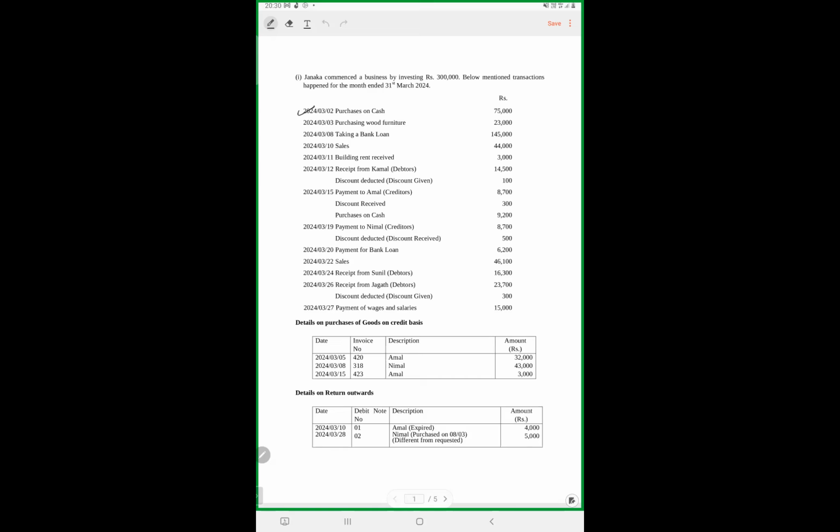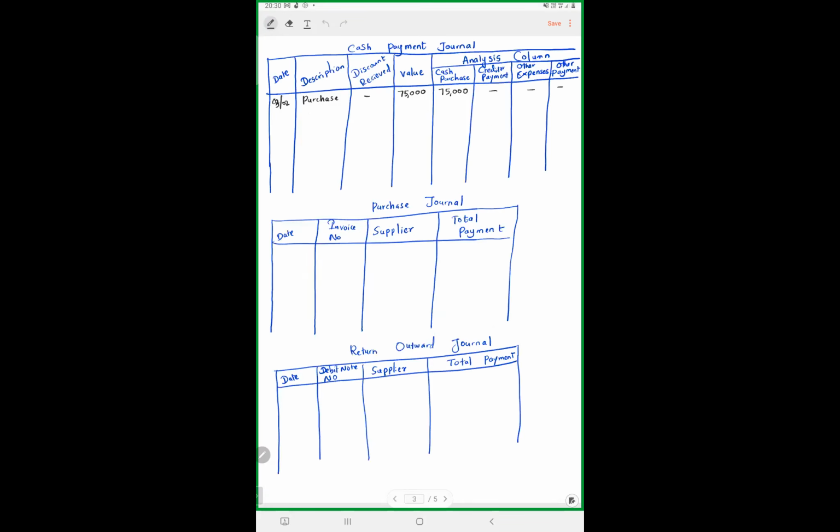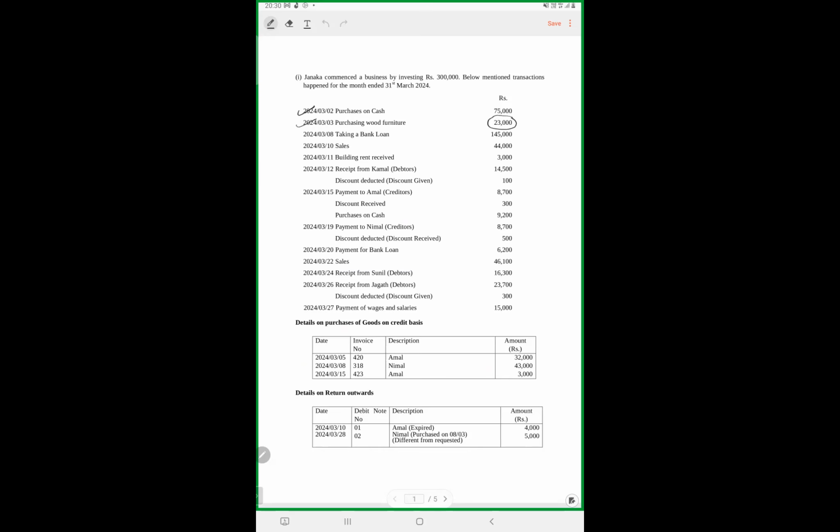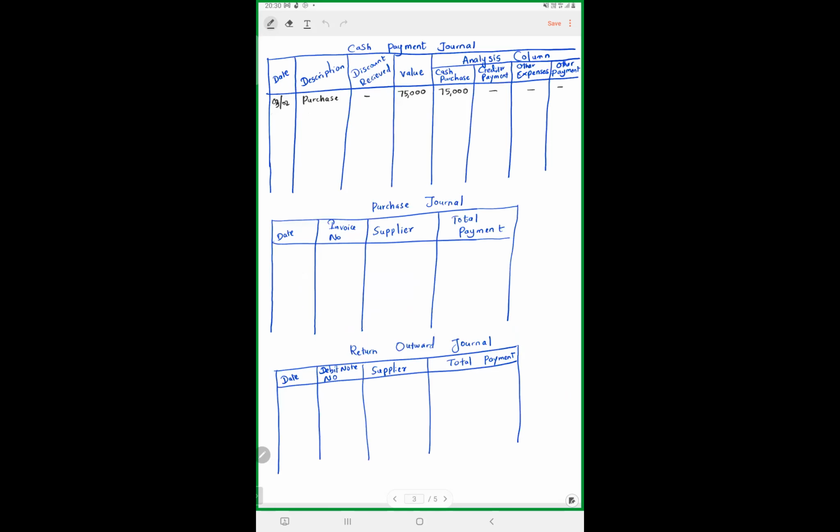The company has purchased 23,000 worth of furniture by paying cash, so we need to include it in the cash payment journal. 3rd March, purchase of wood furniture, value 23,000.